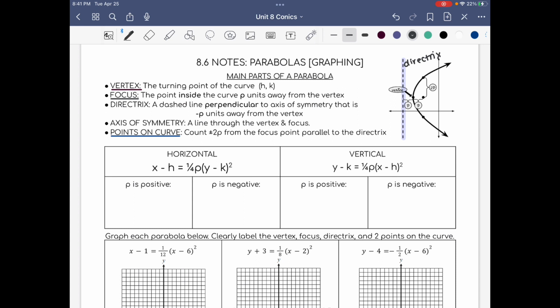Okay, so there are 2 types of parabolas. And in order to learn the 2 types, we're actually going to take a look at the equations. You will notice that as in every equation of every other conic section, you have x minus h and y minus k. Now, the one thing that is the most unique about a parabola is there's no squared.